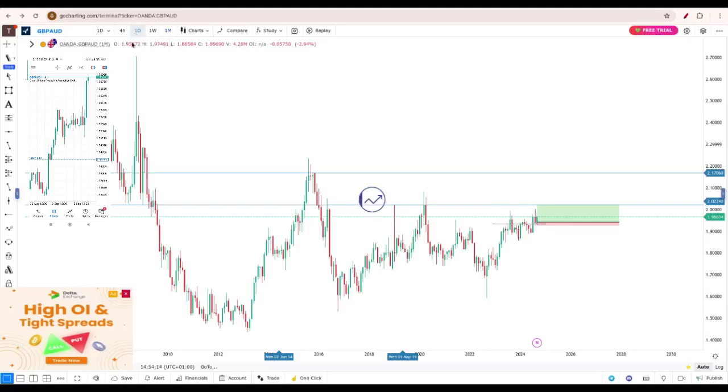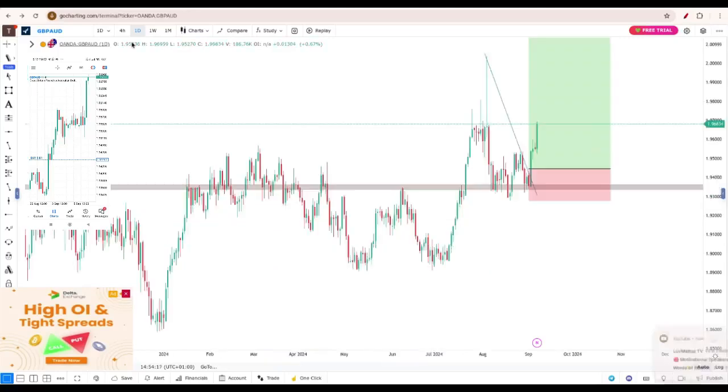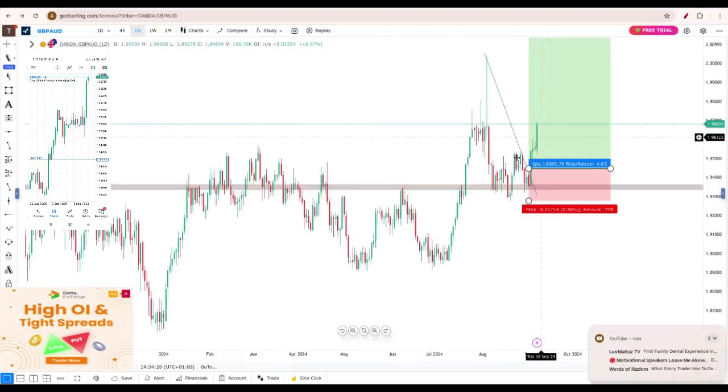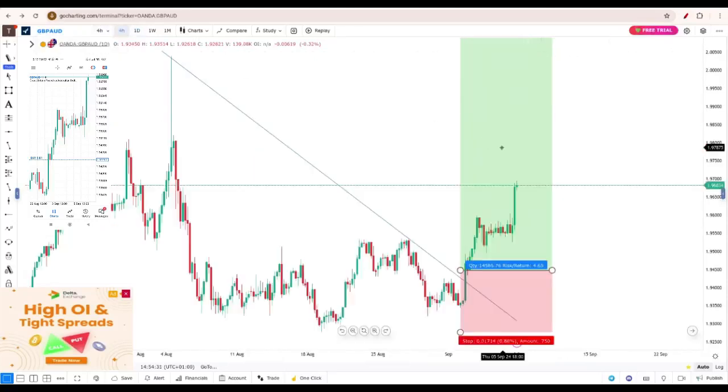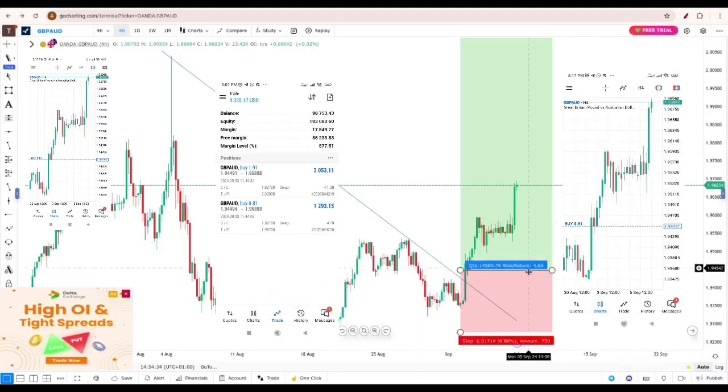I'm going to share the screen of this trade here. As you can see, this is aggressively moving. This is exactly where I am at the moment. I entered here. The trade is currently here.